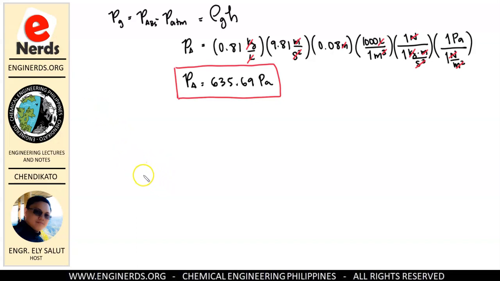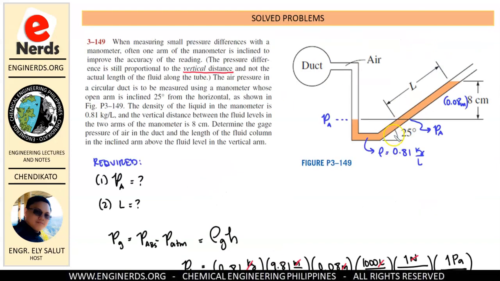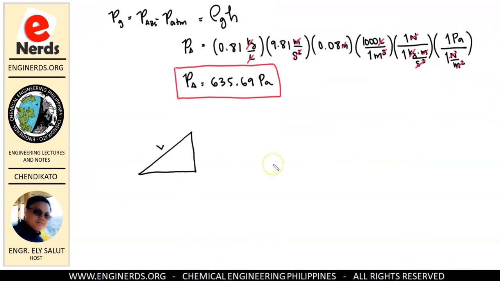So this is our right triangle. Okay, so this is our length L. And as you can see, we have an angle of 25 and our height is 8 centimeters.